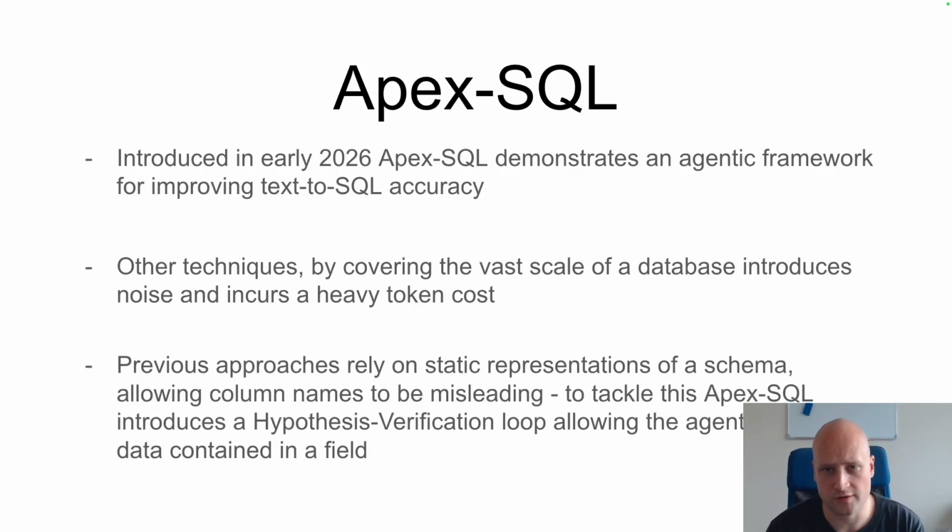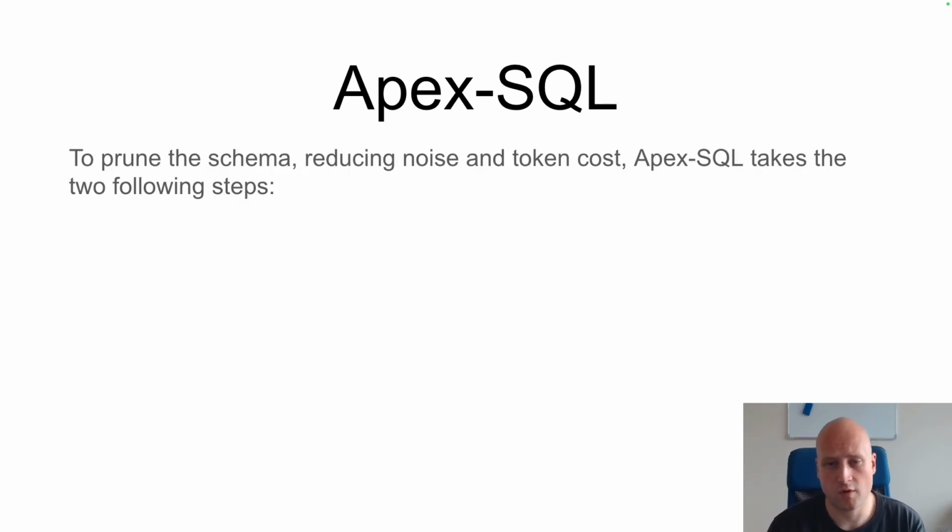Also, previous approaches rely on static representations of a schema, which allows field names to be misleading. To tackle this, Apex-SQL allows an agent to explore the data contained within the table so that it can verify its initial assumptions about what a field represents, and this helps it select the correct fields before attempting to write a SQL query.